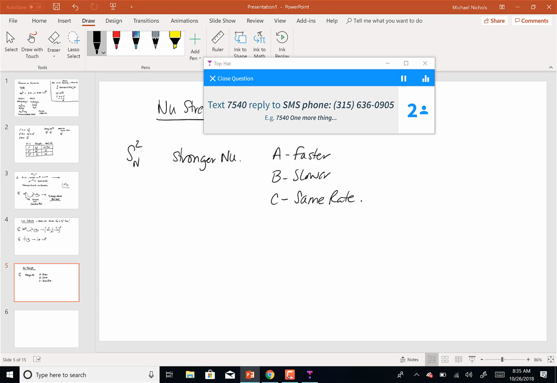So if I make the nucleophile stronger, will it affect? If it does, it's either faster or slower. If it doesn't, then it's the same rate. So as you're thinking about that question, think about what we just went through in terms of our criteria.